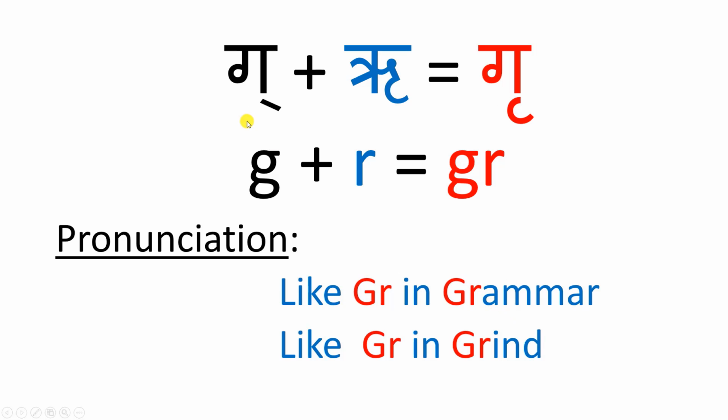One more example. G plus r equals gr. Once again, you have to add this symbol below the consonant to denote this. The same symbol is used for all the letters.